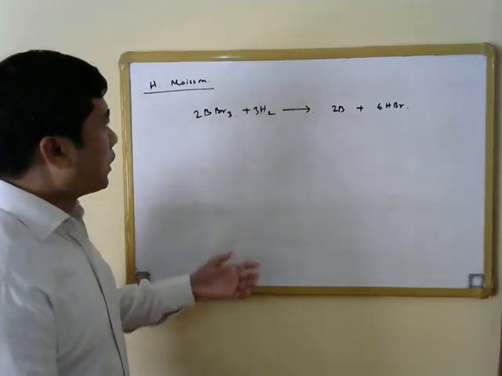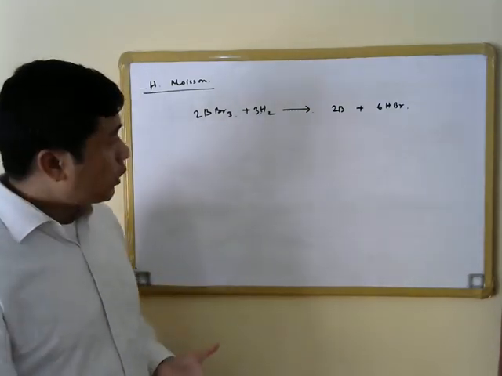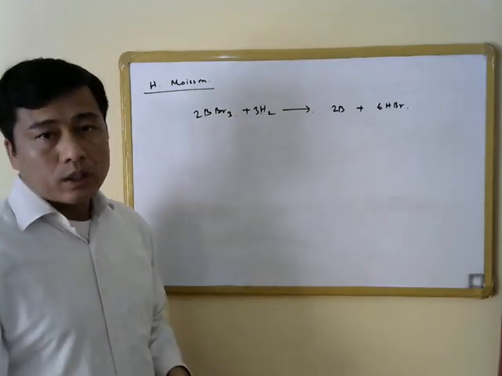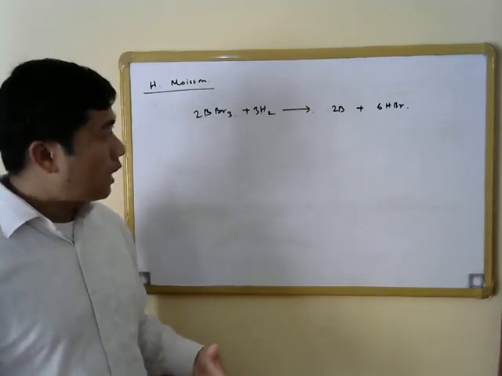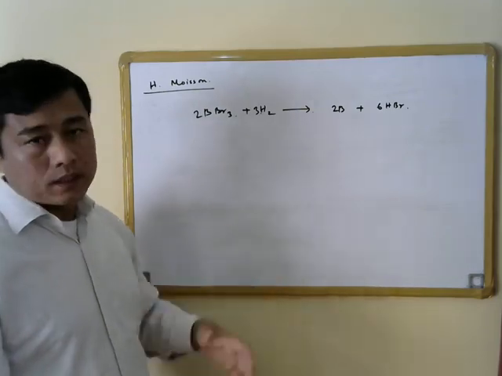Here the only solid substance that you obtain is elemental boron, and all the starting materials and the byproduct formed here are gaseous in nature, and that is how one can obtain pure boron in this case.